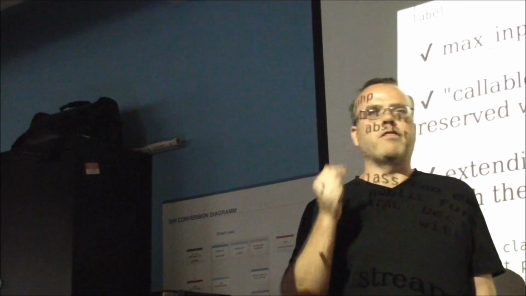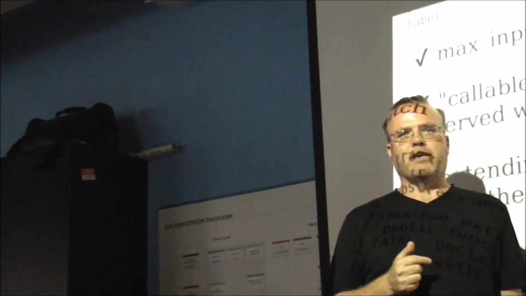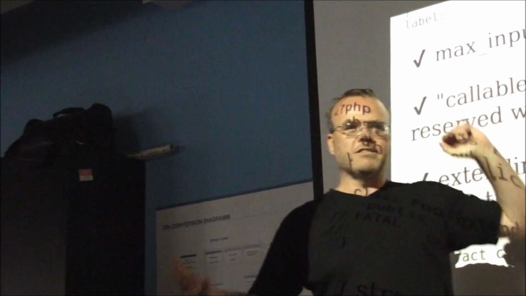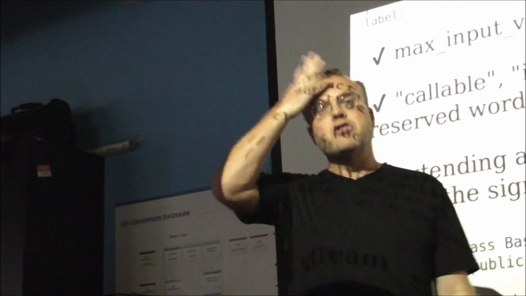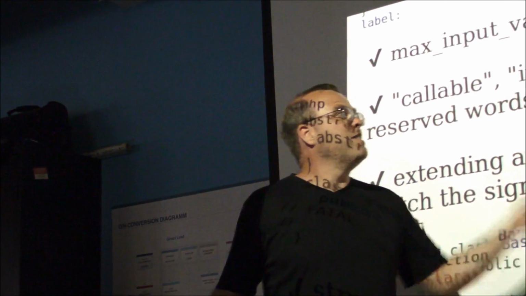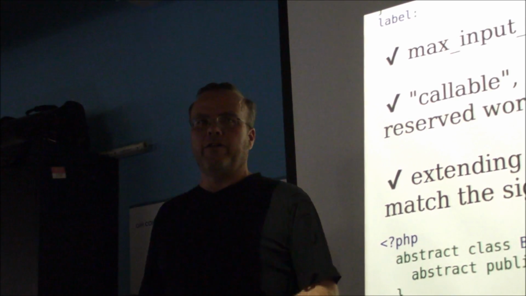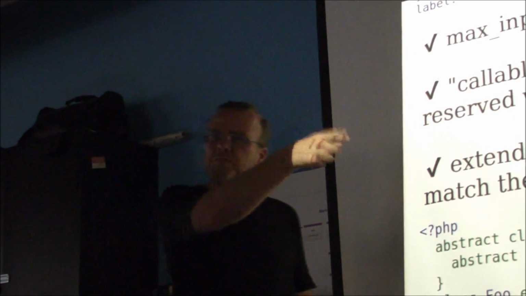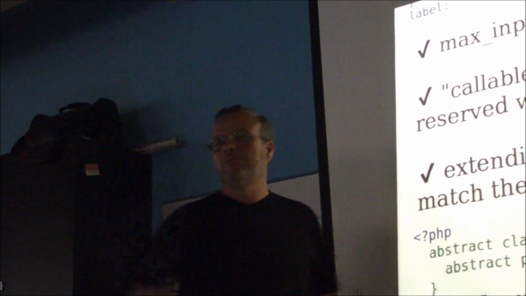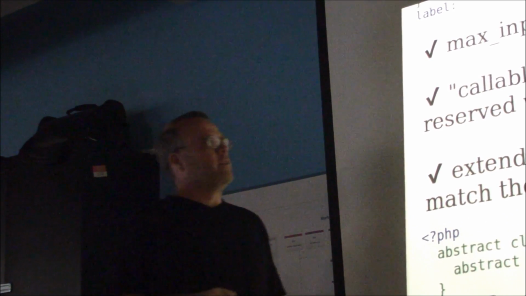PayPal sometimes sends more than 1,000 fields in that POST request. If it's a big order with lots of stuff, it can be more than 1,000 fields, which is nuts. But obviously, it's just an INI setting. You can configure it. You can even do it per page. You can say, just for this particular page, we're going to allow 100,000, whatever.